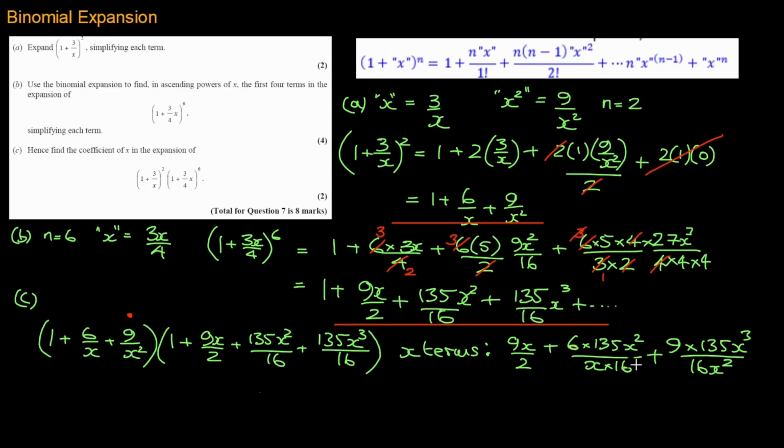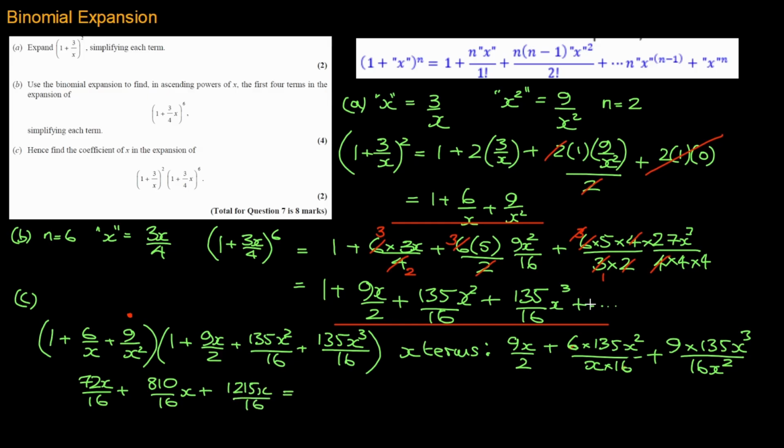We can either go down the decimal road and work out the coefficient of all of these, or stay in the fractional mode, where I suggest you multiply both top and bottom here by 8. So if we go down the fractional mode, I get 72x over 16 plus 6 times 135, and this is 810 over 16, x again, plus 9 times 135, which is 1215, x over 16.